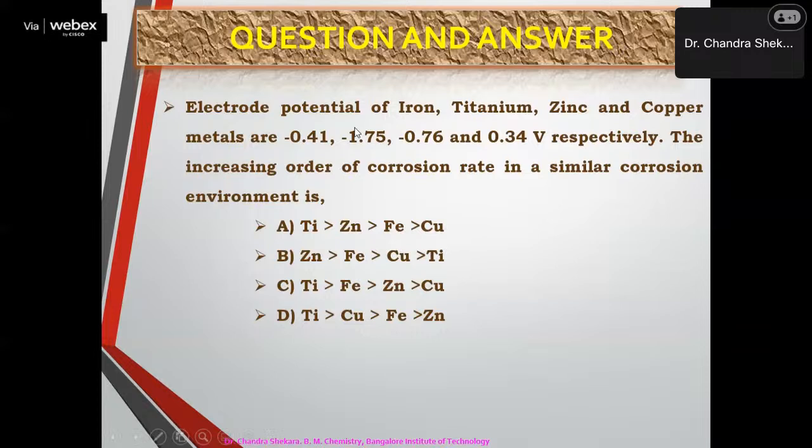Even though titanium metal has a negative potential value, it exhibits least tendency to undergo corrosion. Therefore, only with deep understanding of the topic and the factors affecting the rate of corrosion, we can answer this particular type of question.